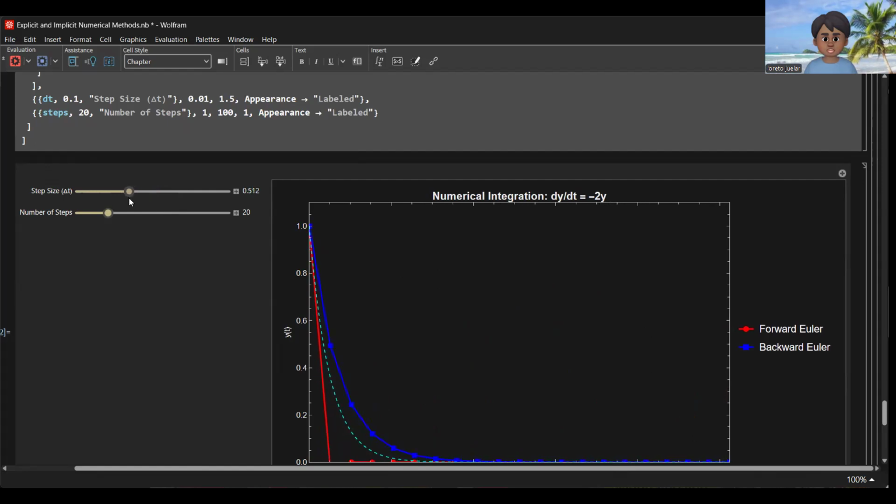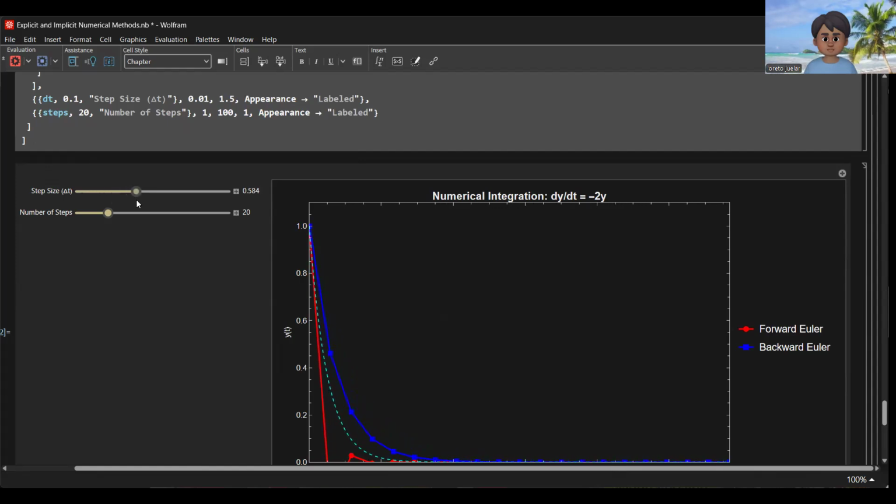So the backward Euler method somewhat maintains its accuracy even if you increase the step size.